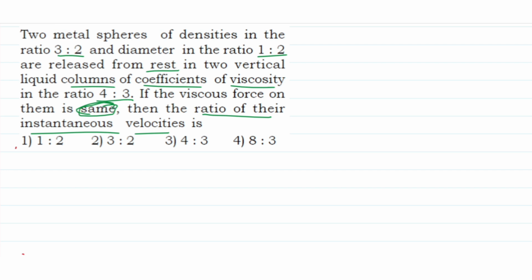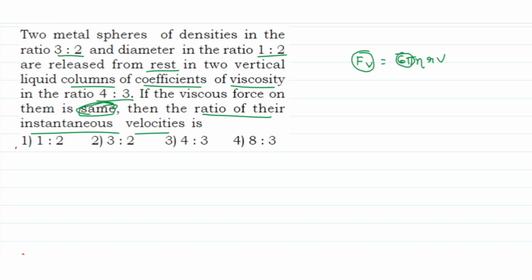If two metal spheres are released in a liquid from rest, the viscous force experienced by the body, according to Stokes, is Fv equal to 6 pi into eta into r into v. That means the viscous force acting on the two bodies is the same. 6 pi of course is a constant value.